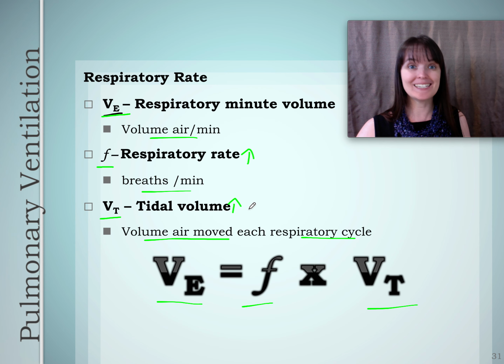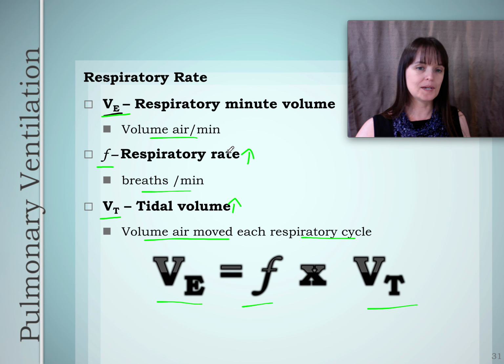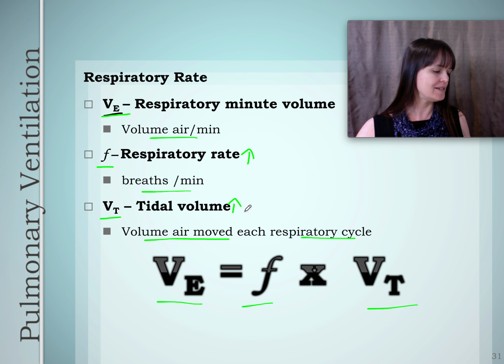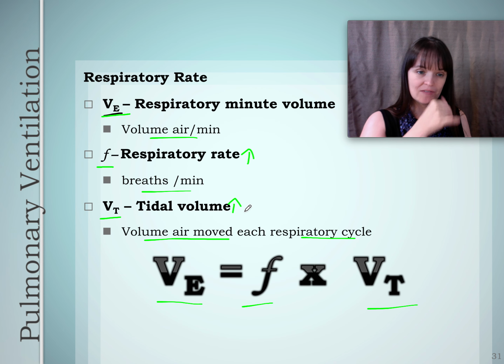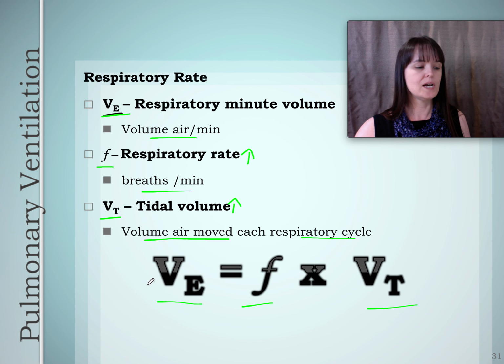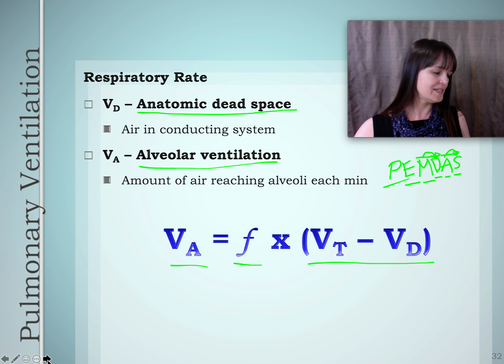So taking a deep breath can make a huge difference in the amount of air that you move in and out of the lungs. So when you multiply that, you get maximum stimulation of VE, respiratory minute volume, of roughly 200 liters per minute, and our resting is 6 liters per minute. So huge change.